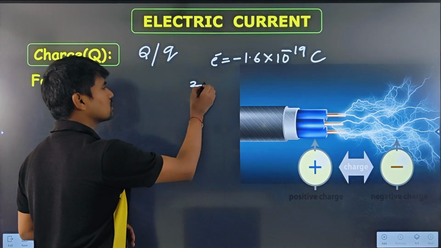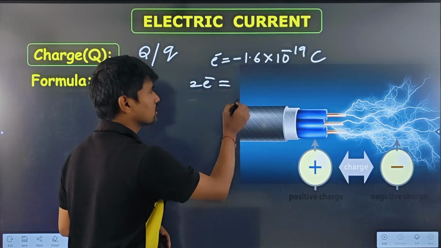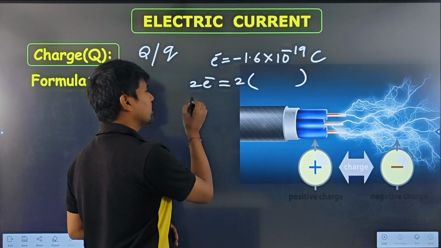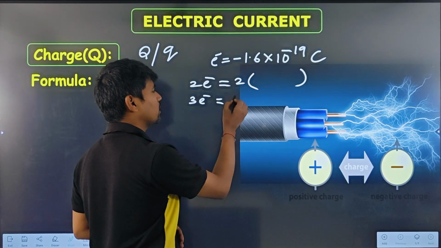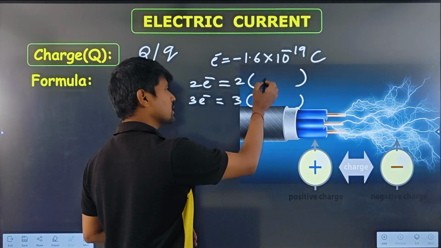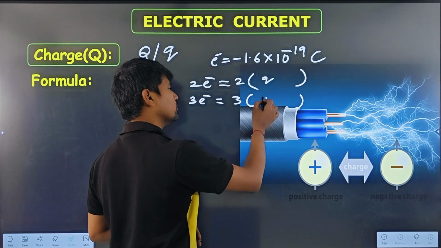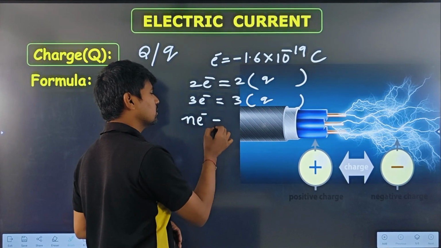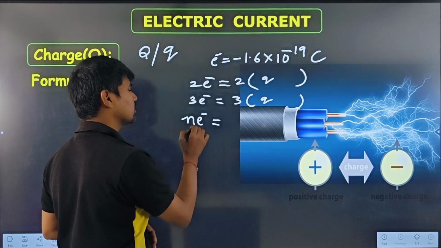For two electrons, what is the charge? That is 2 into the charge of an electron. For 3 electrons, 3 into the charge of an electron. So this is nothing but charge q. What is the charge of n electrons?